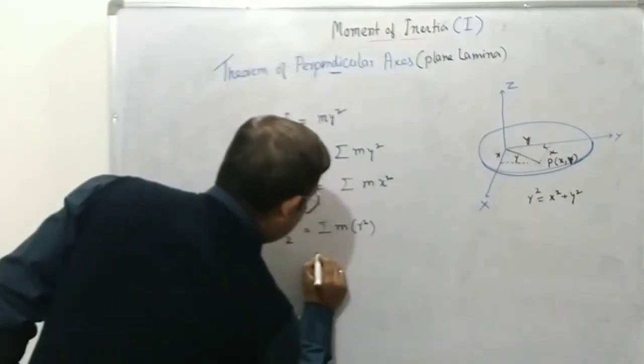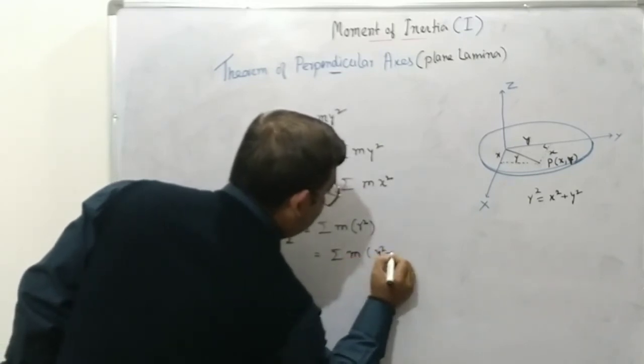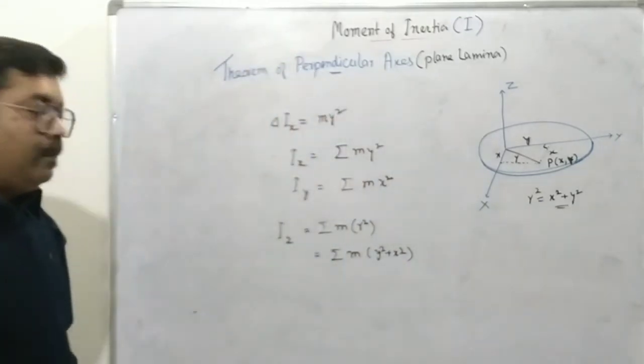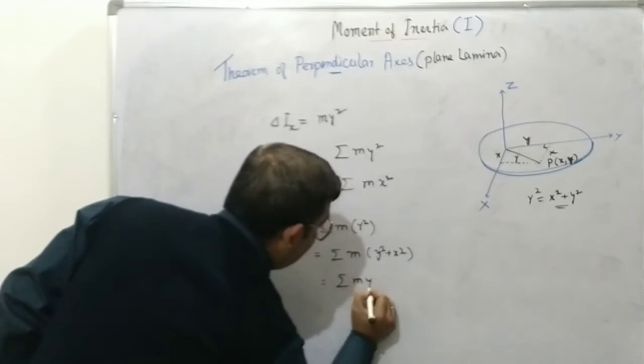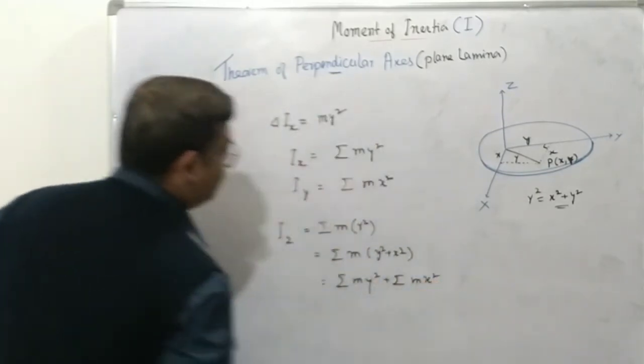So this is equal to the summation of m into y squared plus x squared from here. Or we can open this up and say that this is equal to the summation of m y squared plus the summation of m x squared.